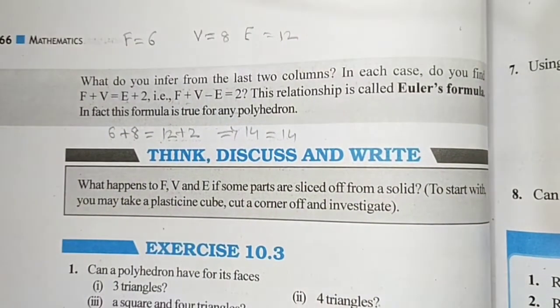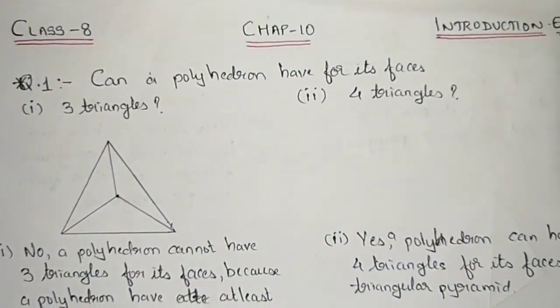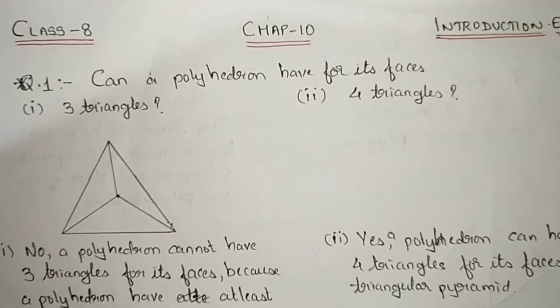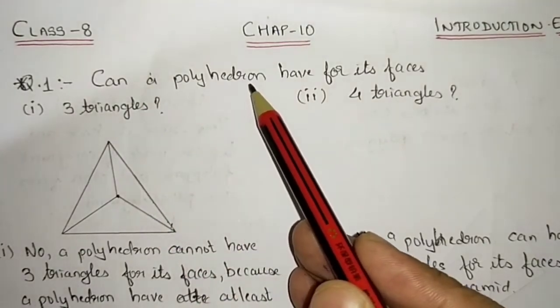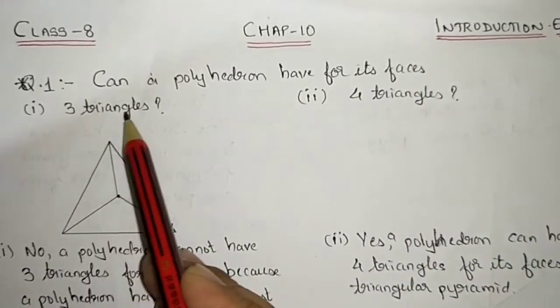Now let us move to the exercise, that is 10.3. Question number 1. It says, can a polyhedron have for its faces 3 triangles?